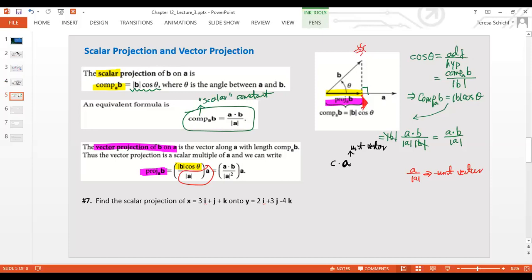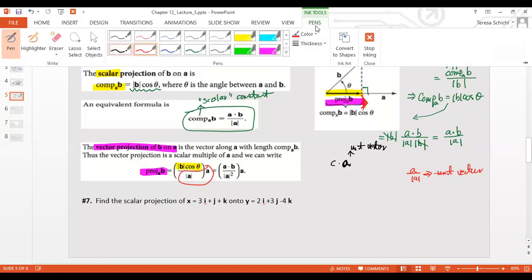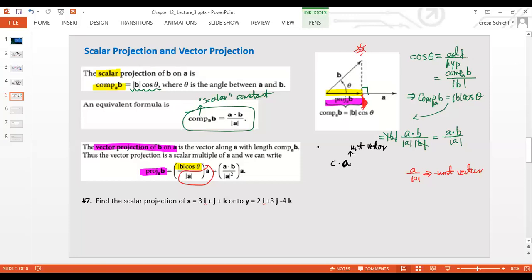So now you replace it, and then simple algebra will get you there. It will be A dot B over |A| squared, times the whole thing times that vector A. If you just do simple algebra, you will get it, right? Because B cosine theta is A dot B over |A|.